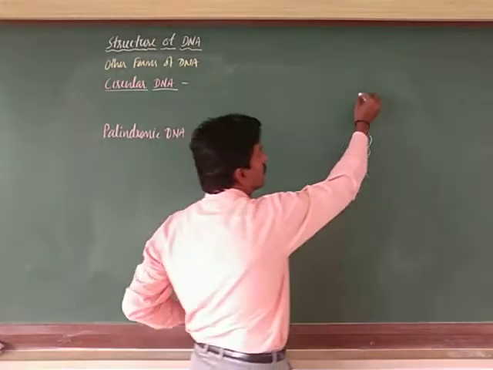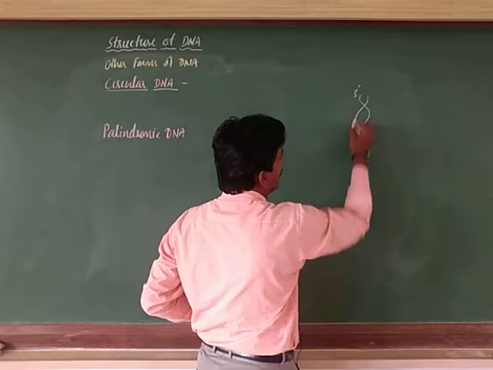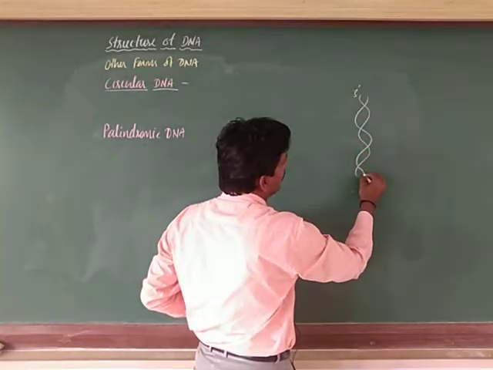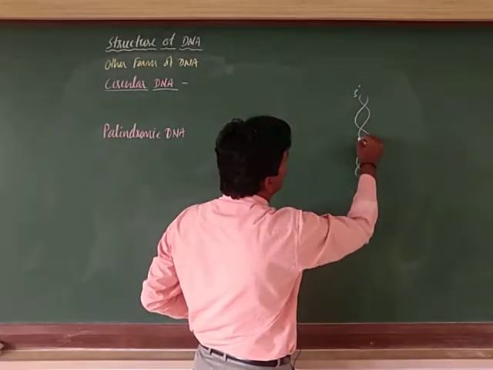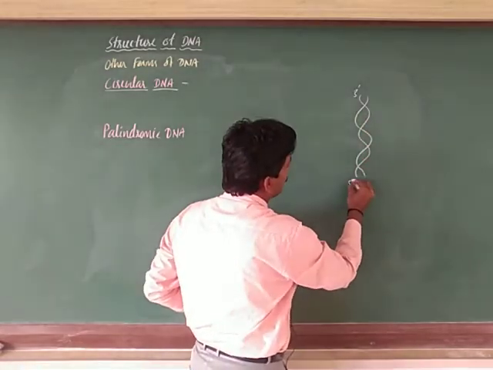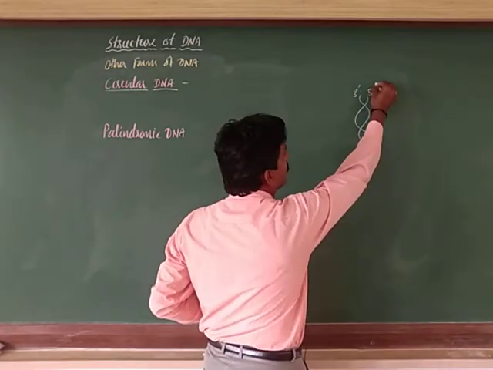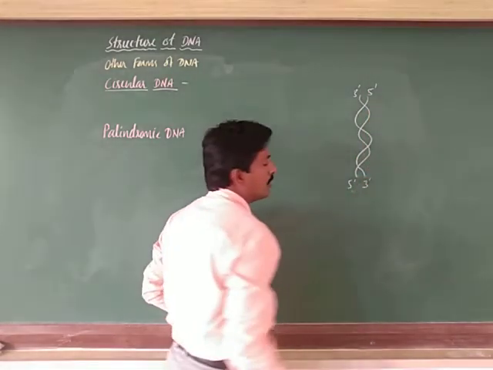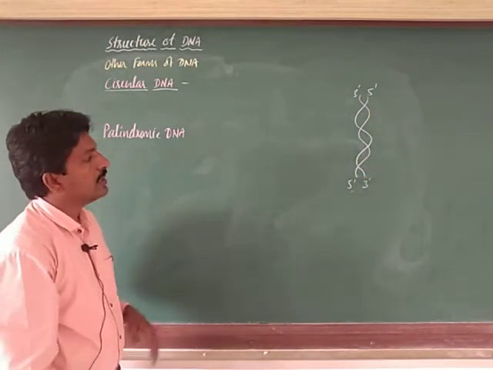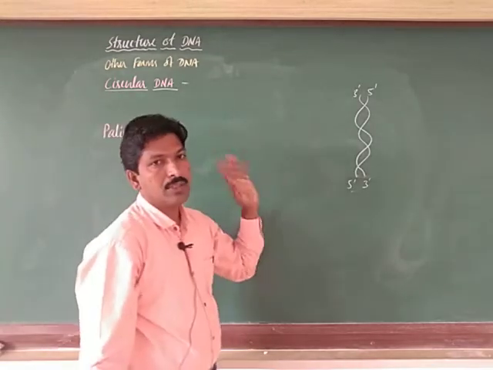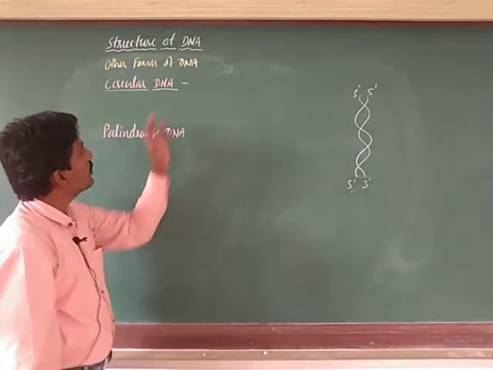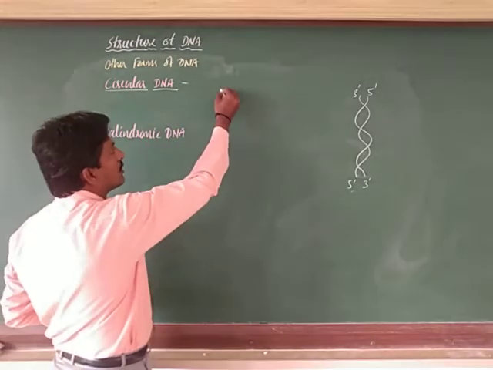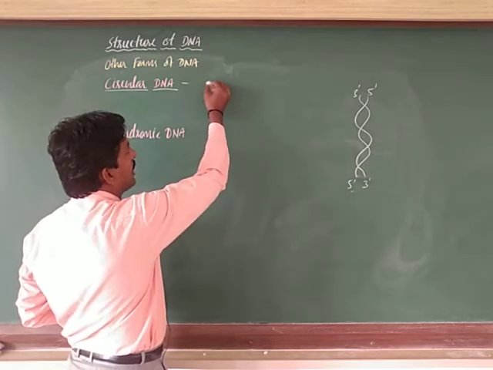There are two strands, with a five prime end and a three prime end. So you can see the open ends, but in some cases circular DNA has no open ends.